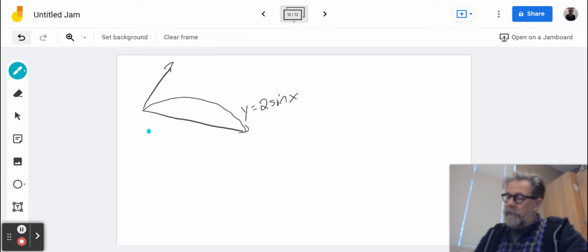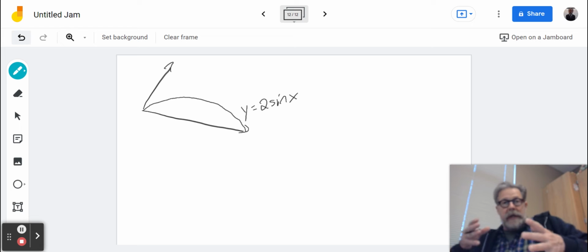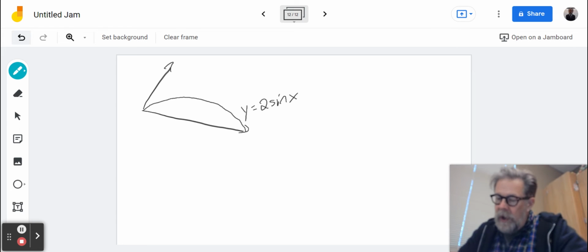So imagine that we've got the graph of y equals 2 sine of x, and I've tilted it because I am going to place semicircular cross sections on this graph. Sorry, my semicircles are not really that great.